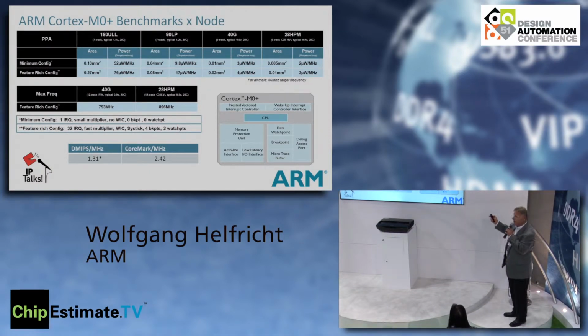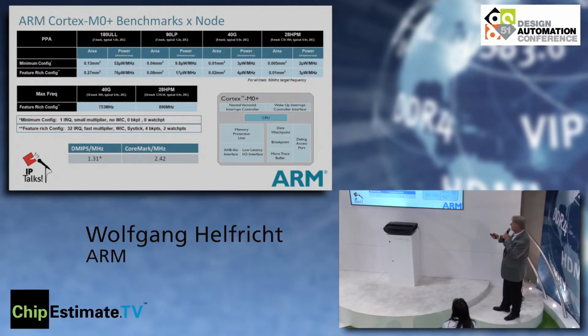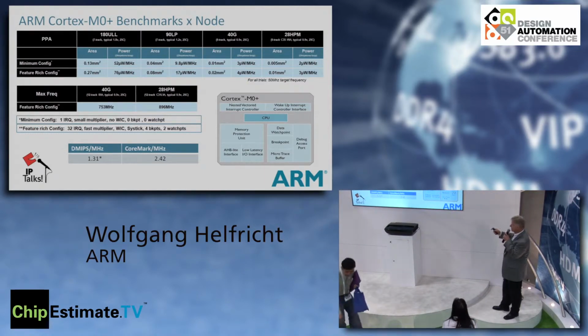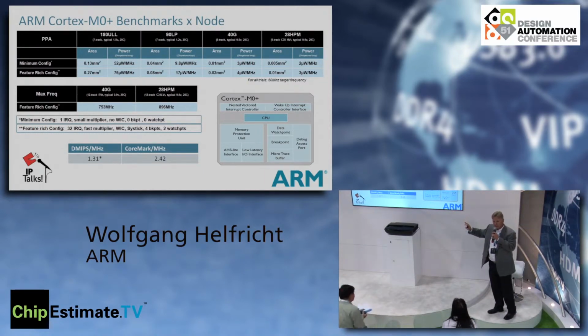Very interesting, if you like the PPA numbers, is to see the trend. That's on a Cortex M0 for PPA numbers. This is normalized. It's a simple implementation using one device type.